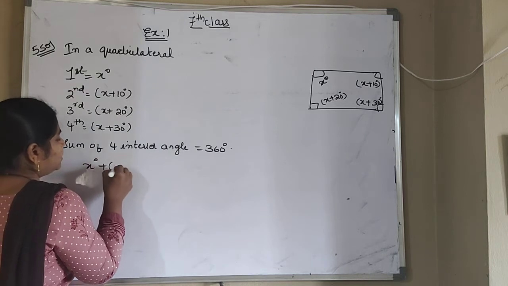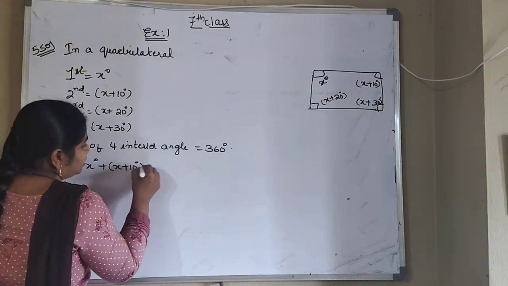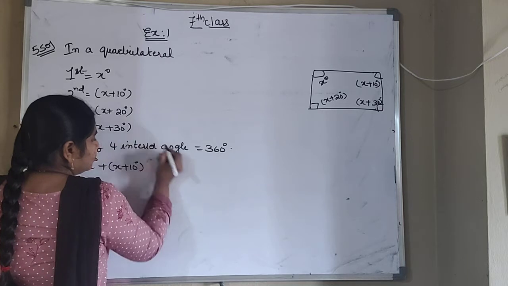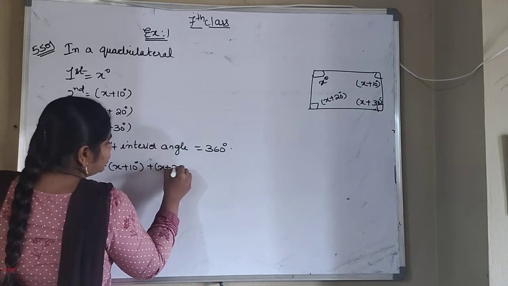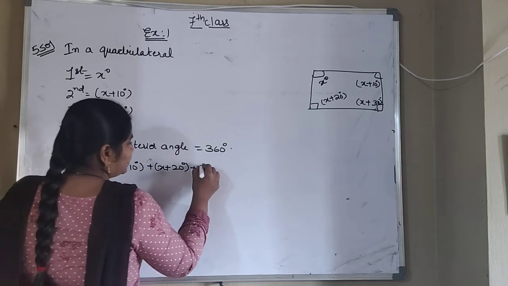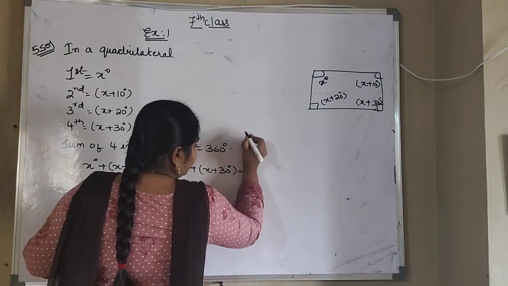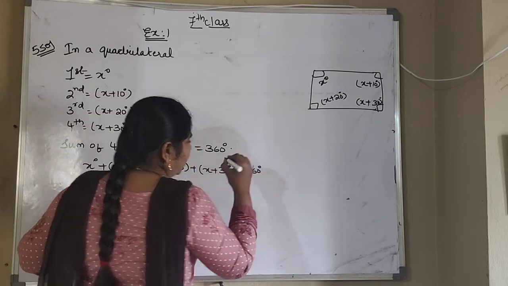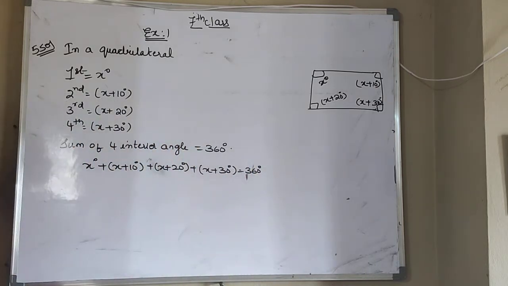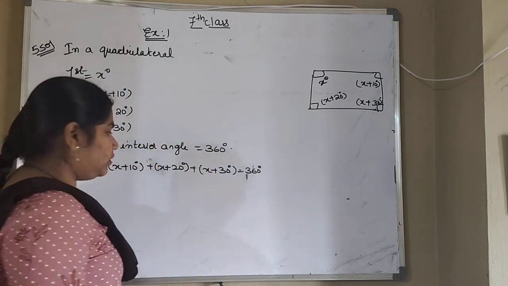x degrees plus x plus 10 degrees plus x plus 20 degrees plus x plus 30 degrees is equal to 360 degrees, because in a quadrilateral the sum of 4 angles is 360.